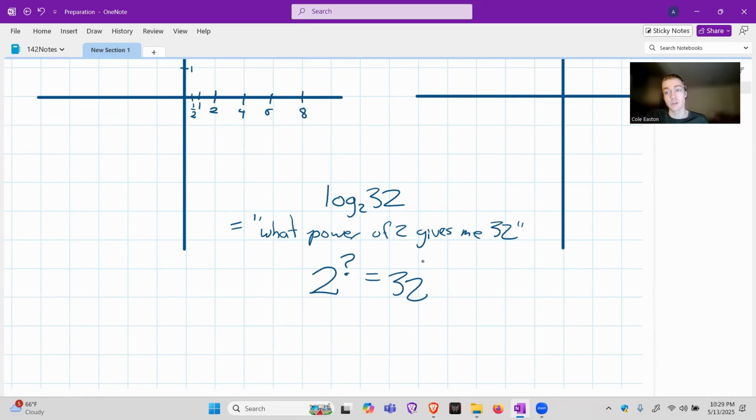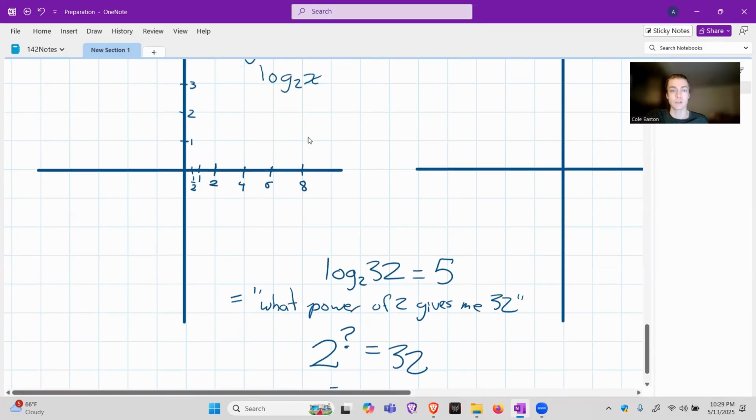And whatever this question mark should be, that's the answer here. And so we can just do some trial and error here, and we would find that 2 to the 5th is 32. And so that means that our answer is 5, right? This is, what power do we need to raise 2 to get 32? The answer is 5. Okay.